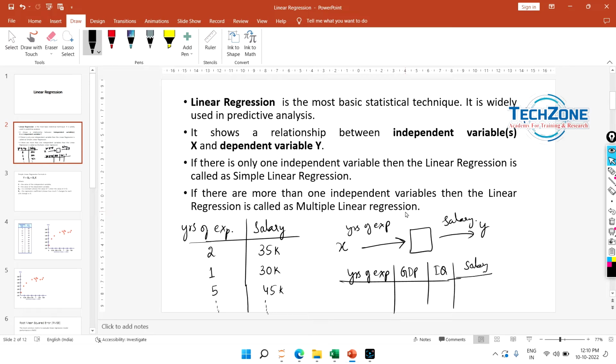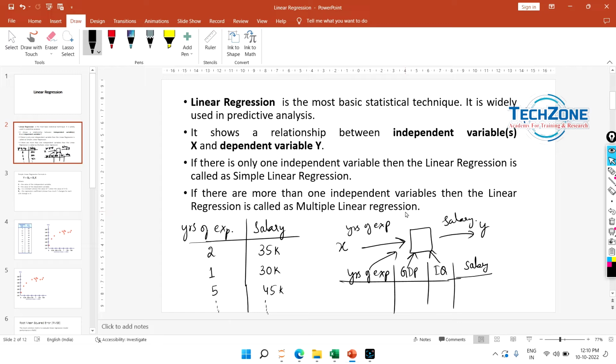Based on these three independent variables, we will predict the salary. If we give these three variables to our model, it will predict salary. How many variables are we giving as input in this case? We are giving 3 variables. That is more than one variable, right? So this is an example of multiple linear regression.